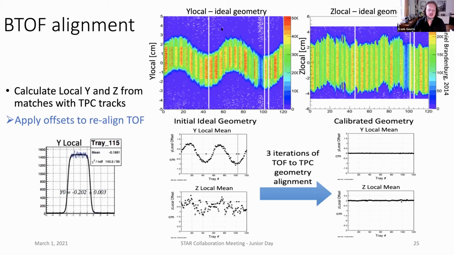You can see this wiggly pattern, both in Y local and Z local, that tells you that clearly we have a detector that seems to be not particularly well aligned with the TPC. So using these offsets, we can realign the tracks, and as a result, after realignment, our Y local is flat, our Z local is flat.